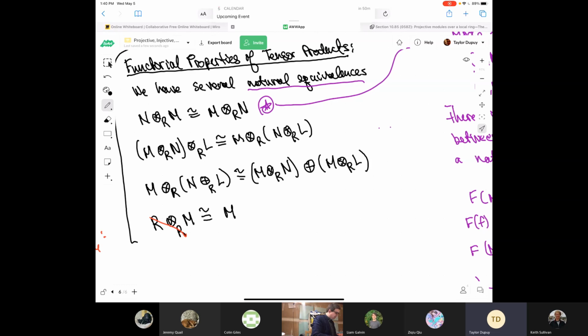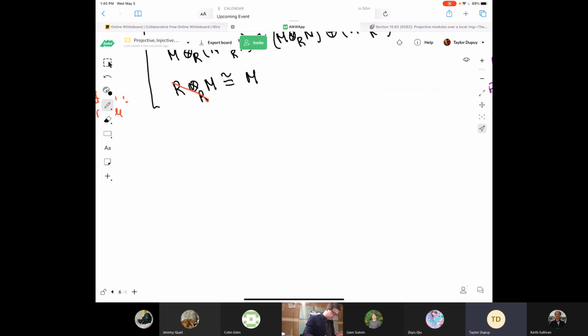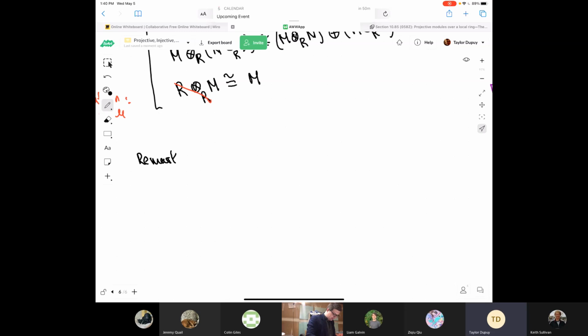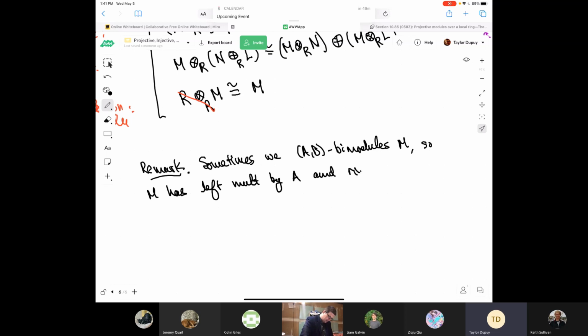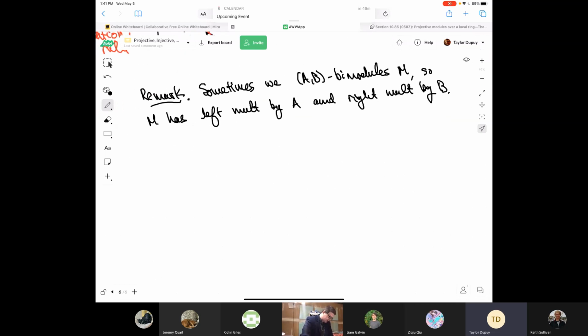Okay. Let me make a remark too. Sometimes we have A-B bimodules, where you have a left multiplication by A and a right multiplication by B. So M has a left multiplication by A, where A is a ring, and right multiplication by B. In that case, there are two functors.